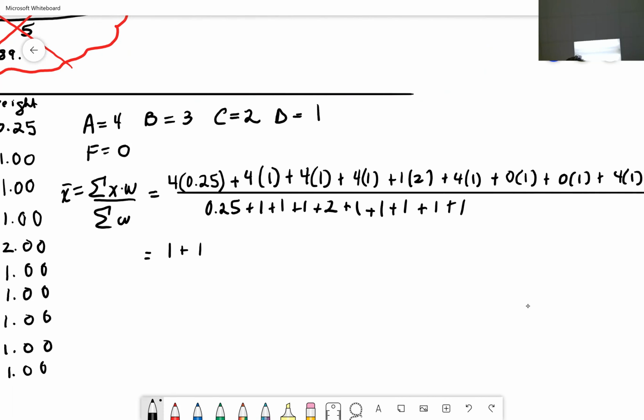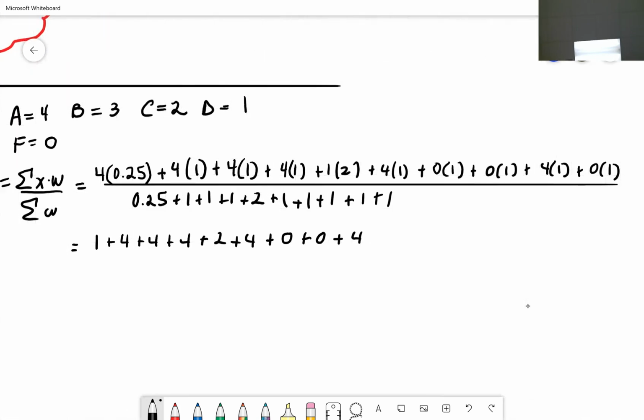The numerator is 1 plus 4 plus 4 plus 4 plus 2 plus 4 plus 0 plus 0 plus 4 plus 0. The denominator is 0.25 plus 1 plus 1 plus 1 plus 2 plus 1 plus 1 plus 1 plus 1 plus 1. The sum of the weights is 10.25.